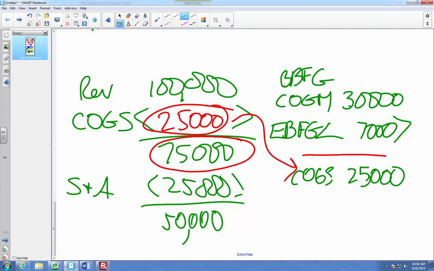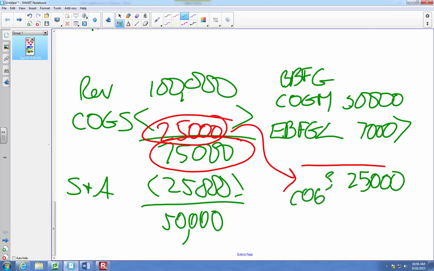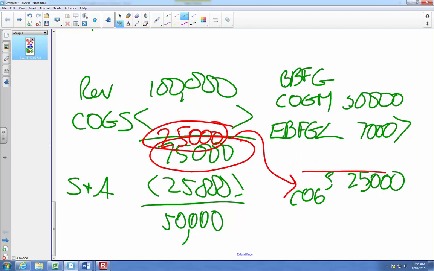So 25 plus 7 is 32. Minus 30 is 2,000. So my COGS is 25,000.